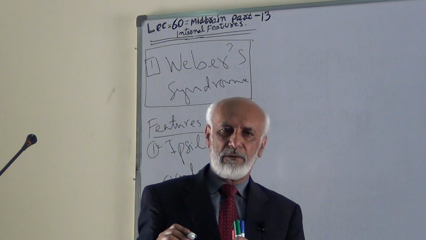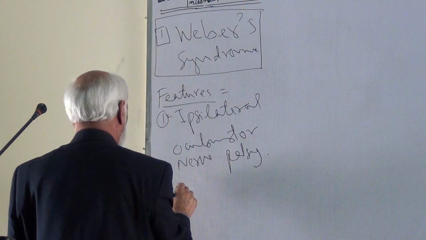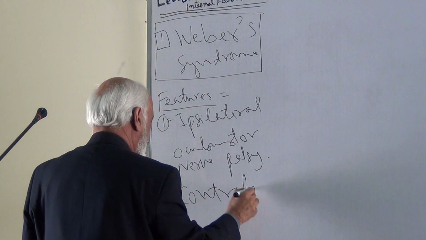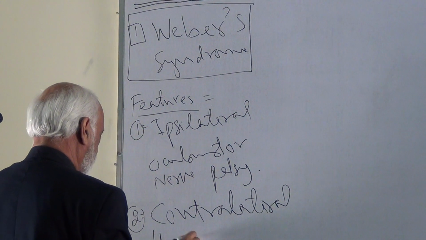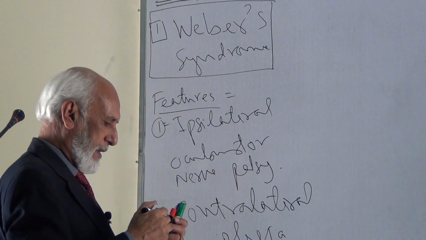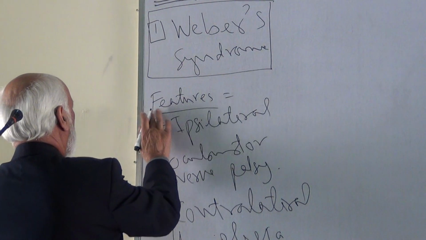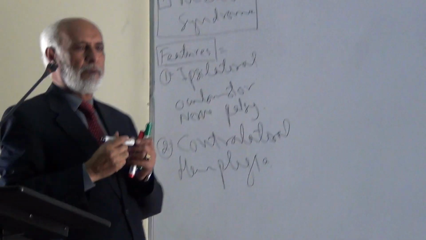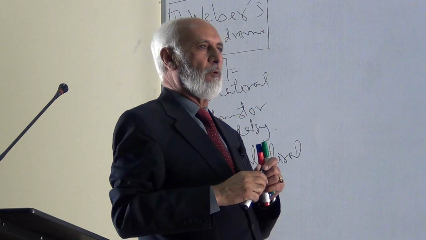Ipsilateral third nerve or oculomotor nerve palsy. And number two, contralateral hemiplegia. These are the main features of this syndrome.